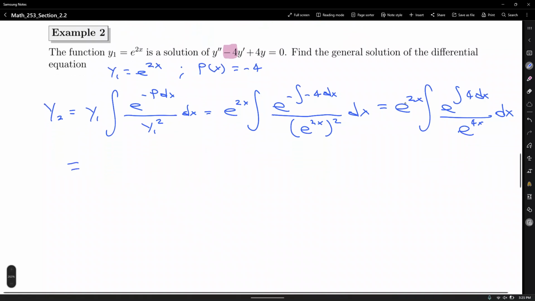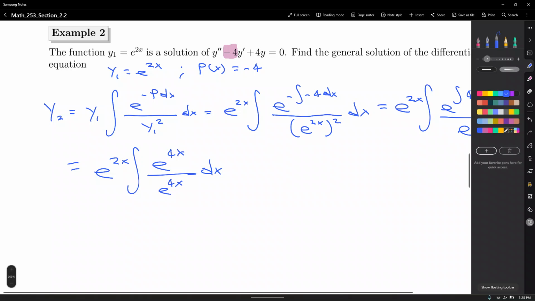Okay, and again, do not cancel these two. This is just a multiple. This is not allowed into the integration part inside here. All right, well, so e to the 2x times the integral of e to the 4x divided by e to the 4x dx.